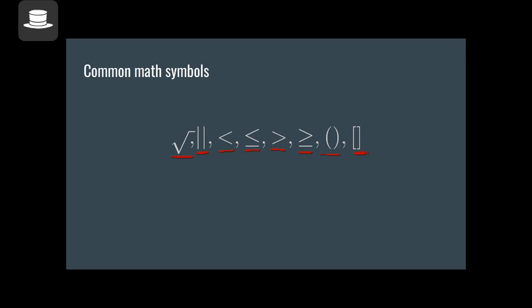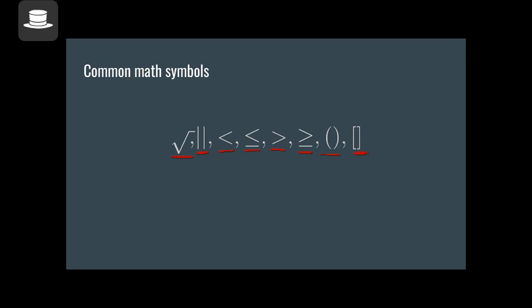Less than just means any number that is to the left of it on a number line. So like 2 is less than 3. Less than or equal to means that it can be equal to that number. So for example, x is less than or equal to 5 means that x could be anything to the left of 5 or could be equal to 5.